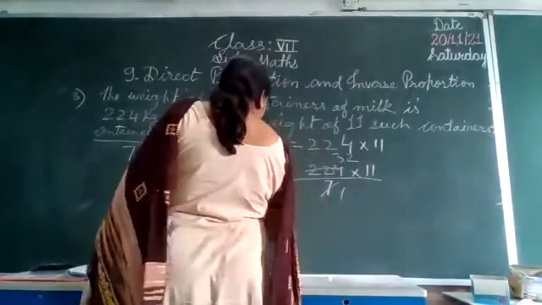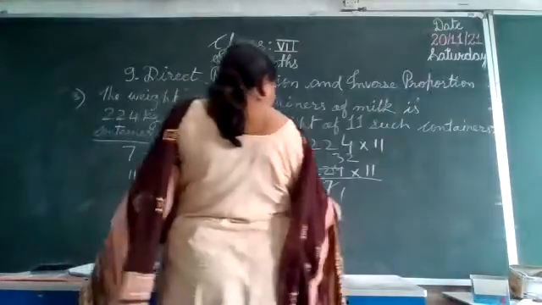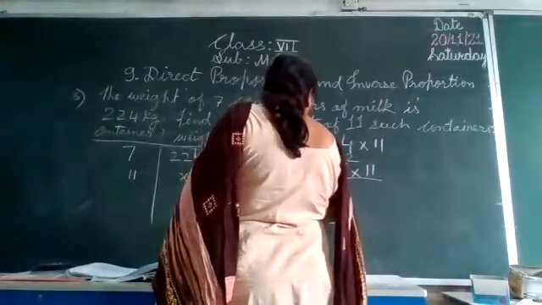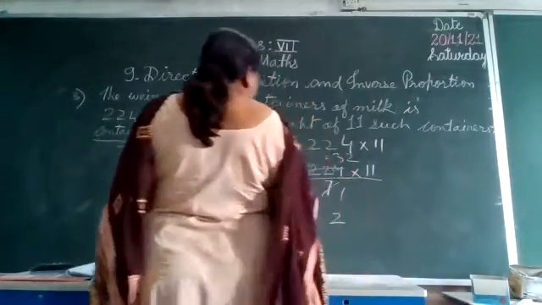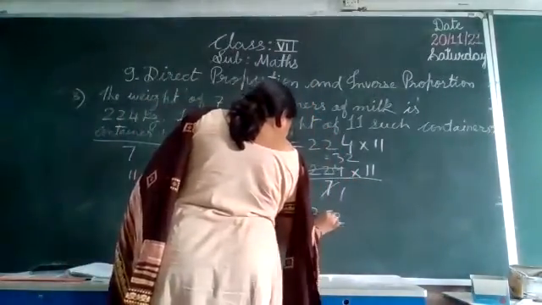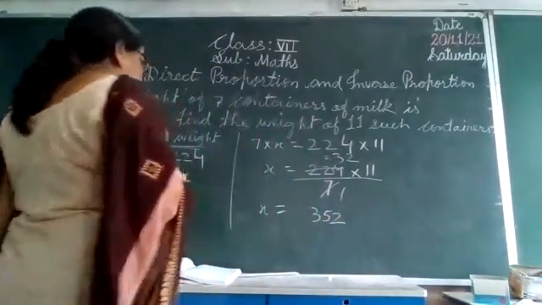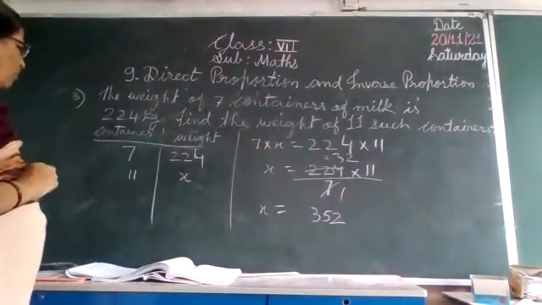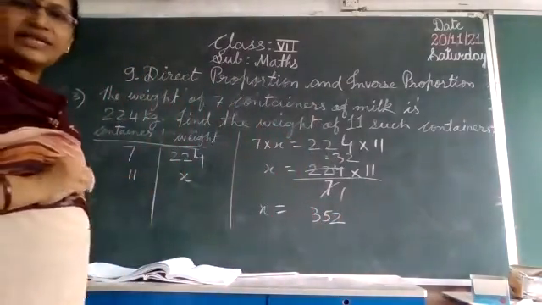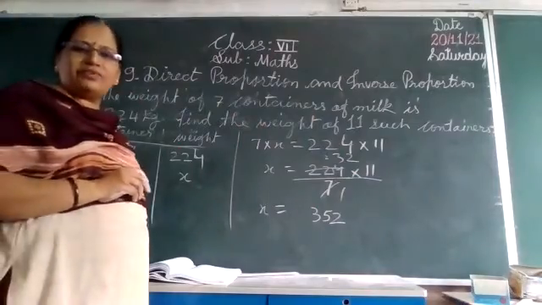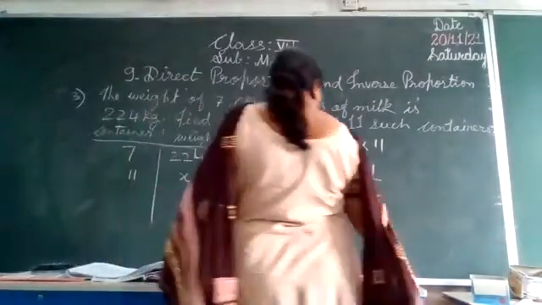So x equals 11 2s are 22, carry over 3, 33, 34, 35. Okay, so what is the weight of 11 such containers? It is 352 kilograms.